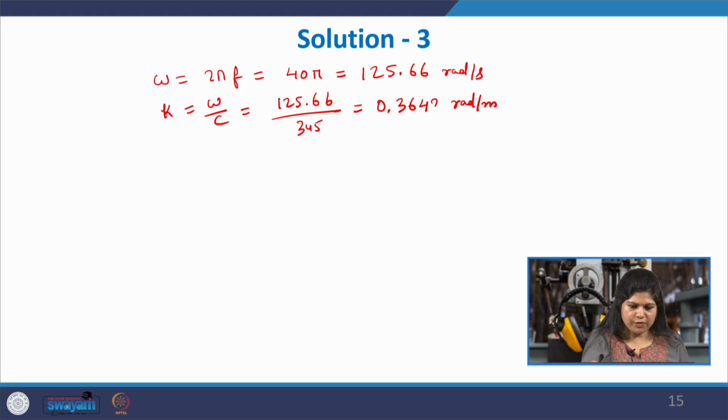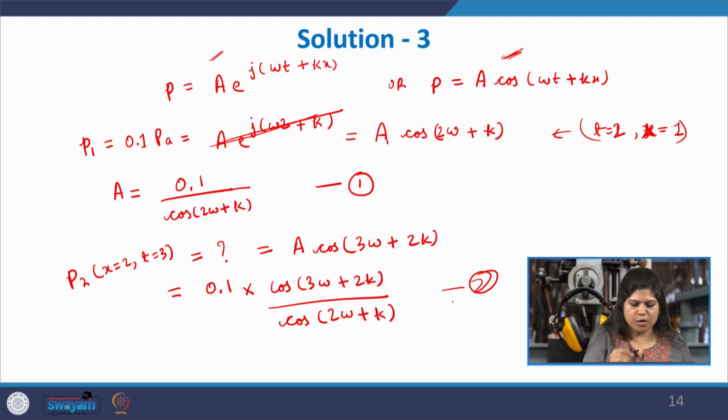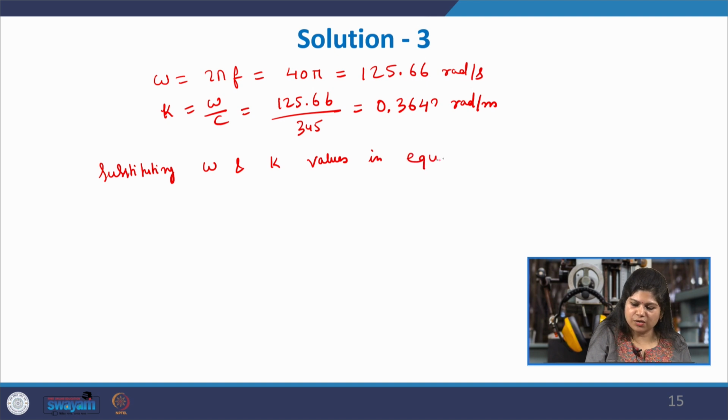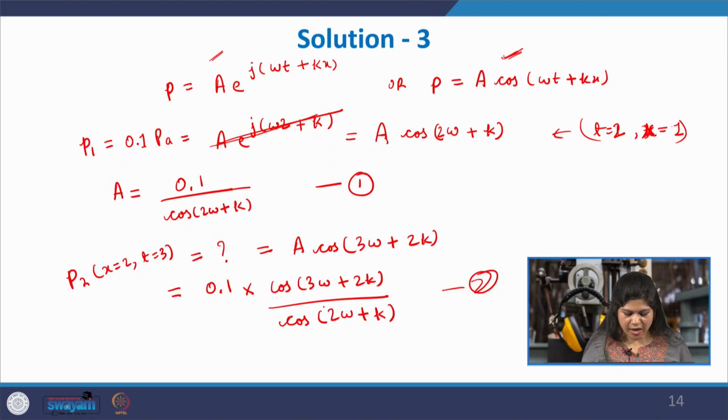Now, we will simply substitute the omega and k values in equation 2. I will directly jump to the answer. You can try it at home and see for yourself.